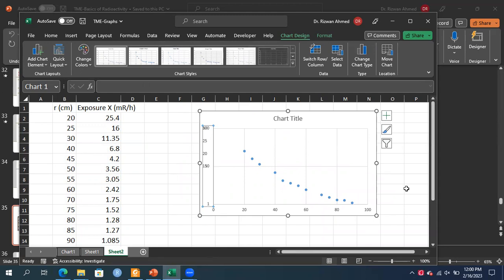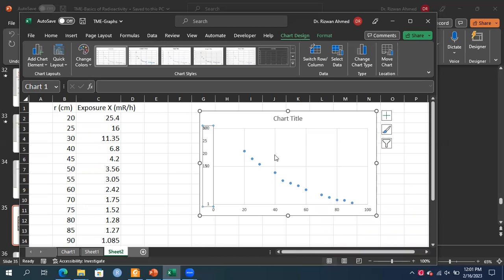Now, this graph is a semi-log graph. So a semi-log plot: the vertical scale is logarithmic. And if the vertical scale is logarithmic and you assume that your data fits a straight line on the semi-log paper, then the relationship you have to consider is of the type y equals a e raised to the power bx.